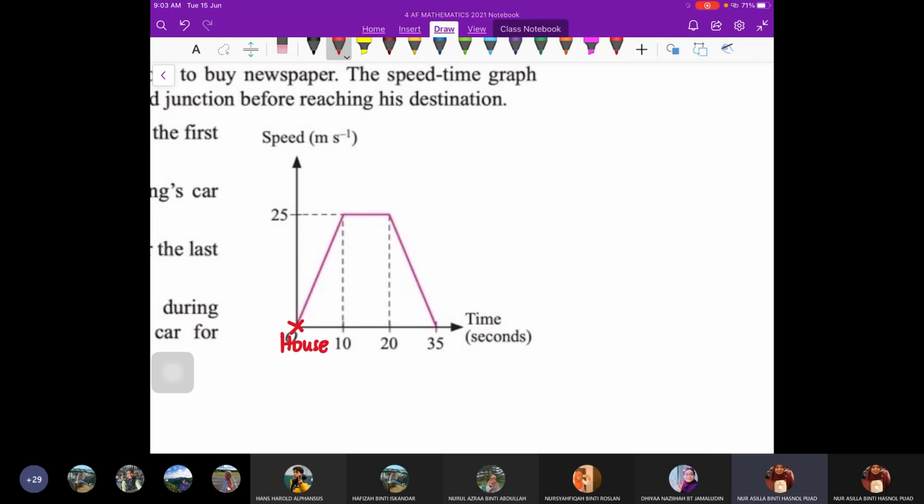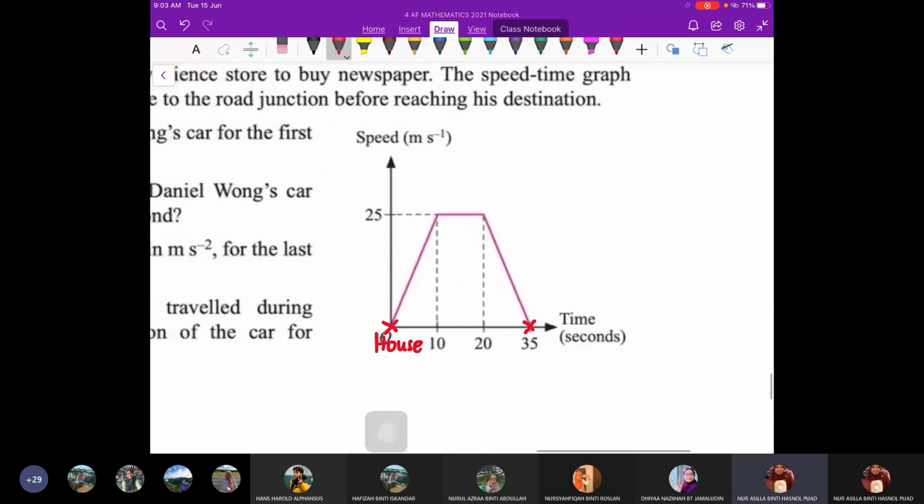Okay. And then dia tingkatkan kelajuan dia kepada 25 meter per second. And then dia maintain kelajuan dia. Kemudian dia start turunkan kelajuan sehingga dia berhenti. So maksudnya mungkin dia dah sampai dekat road junction.